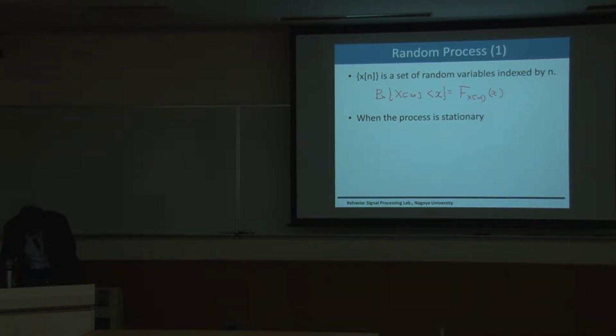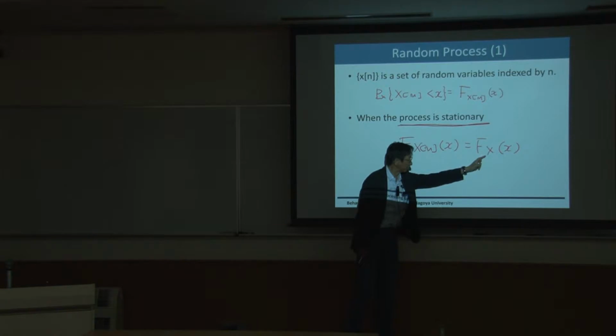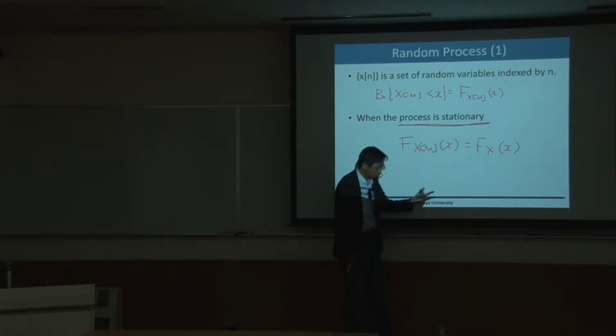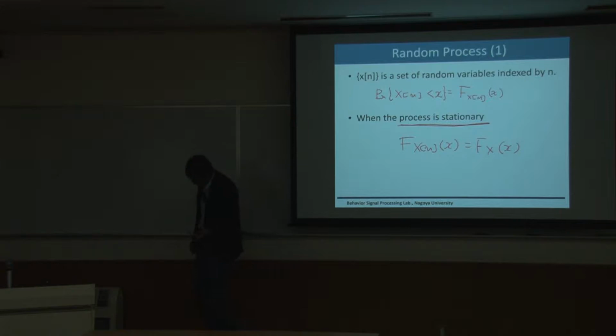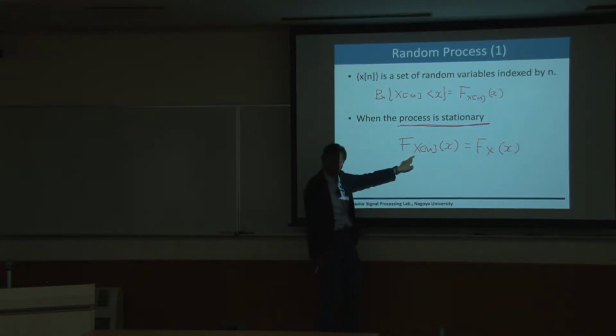And if the process is stationary, then we are very lucky. We can write that F sub x_n of small x is equal to F_x(x), regardless of n, which we can calculate. We can use this distribution function. Again, the distribution function is the only cue to know how this random variable behaves.